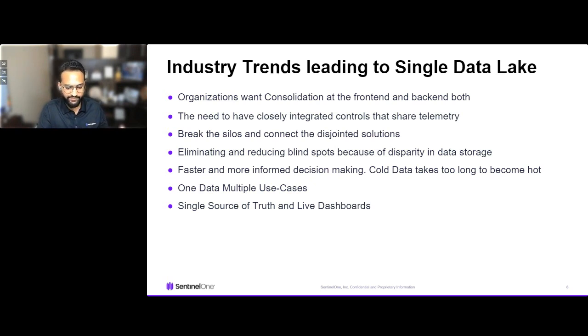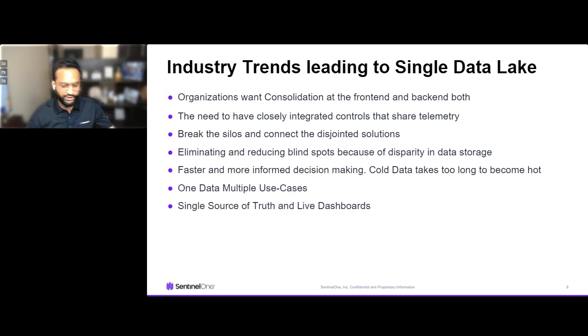At the same time, as we are talking about digital businesses where entire workflows are very tightly integrated, in security as well, the security leaders are looking for integrated controls that also share telemetry with each other for a specific use case, not tools working in silos.